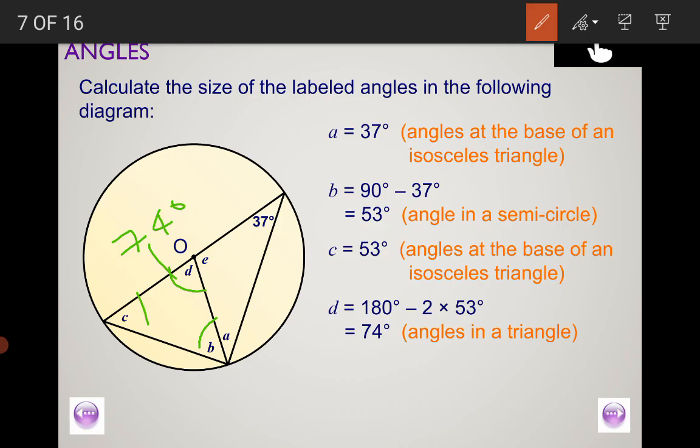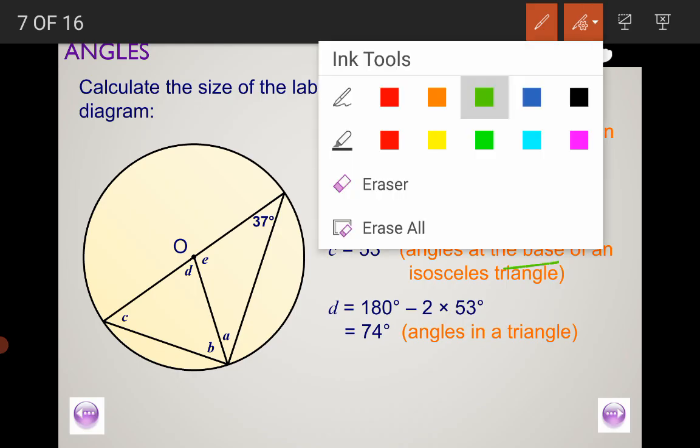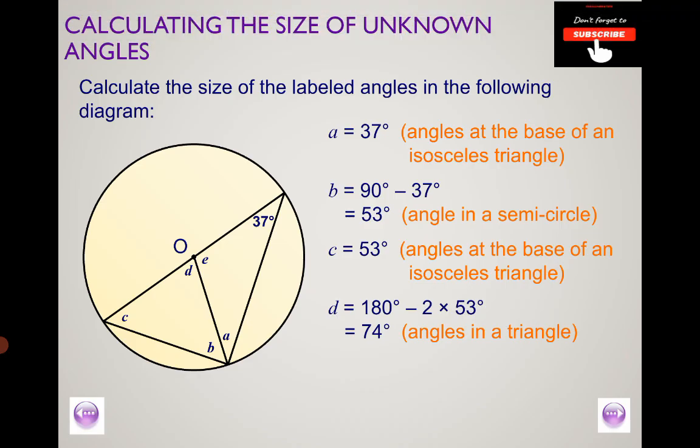We have one more angle to work out. So in this case, we're going to move on to look at how we can find the remaining angle. The remaining angle also can be found by applying one of the facts you learned in mathematics in Form 1, that adjacent angles add up to 180, or angles on a line add up to 180.